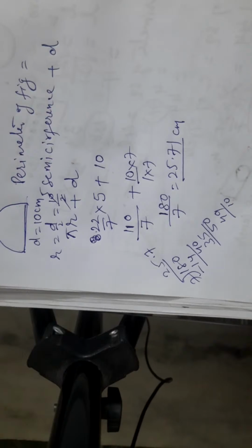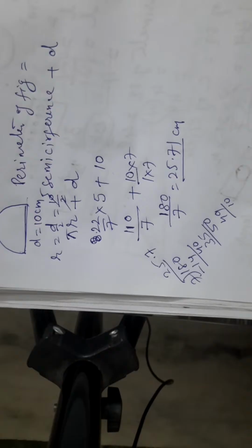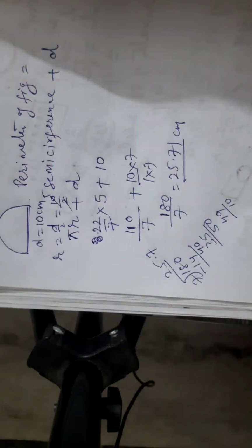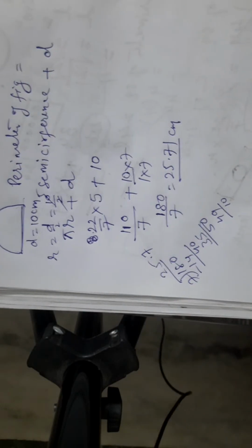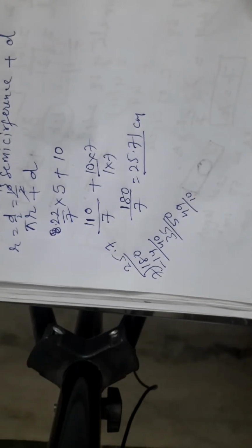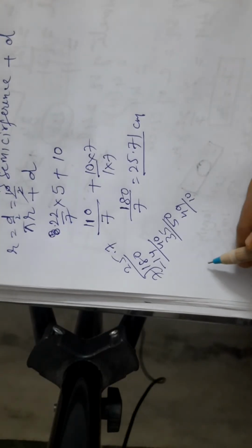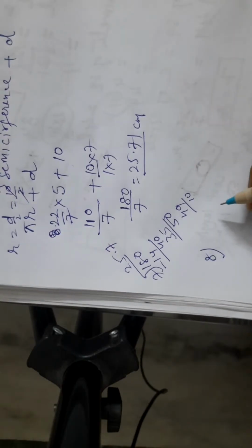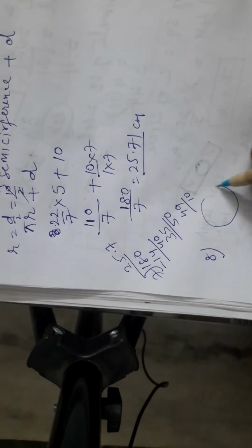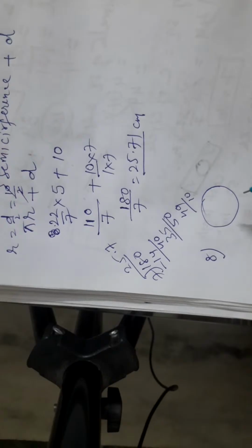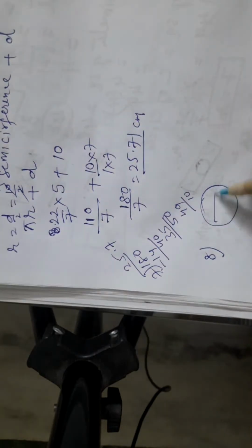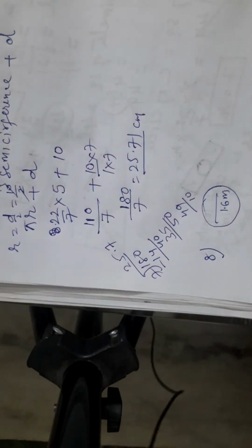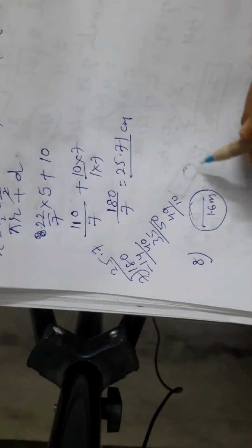Here it is given, find the cost of polishing a circular tabletop of diameter 1.6 meter if the cost of polish is 15 rupees per meter square. We need to find the cost of polishing. So here, question number 8. A circular tabletop is given and its diameter is 1.6.